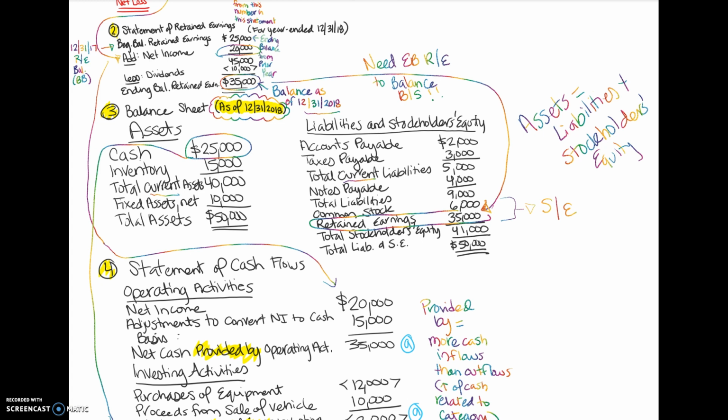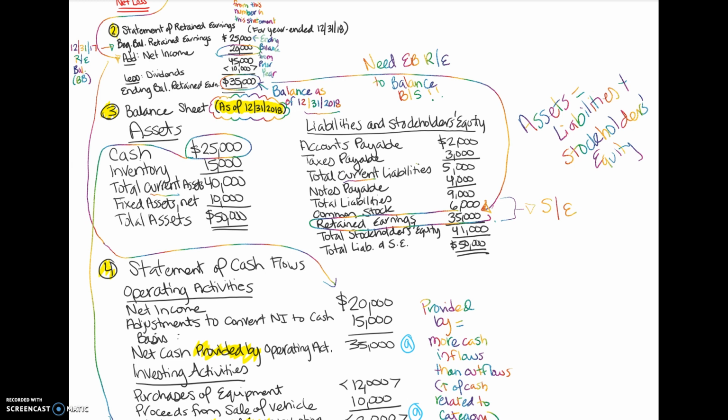So we need to fold in our net income, subtract out our dividends to get what we ended up with and what our balance is as of December 31st, 2018 for retained earnings. Just as we're reporting all of this information, assets and liabilities, as of that specific date, year end, 12/31/2018.